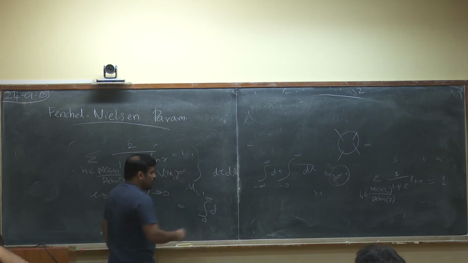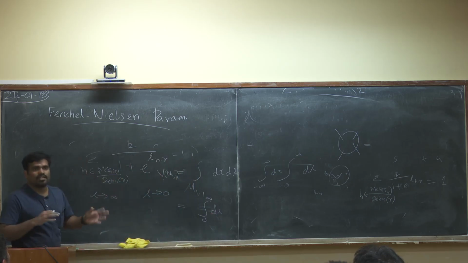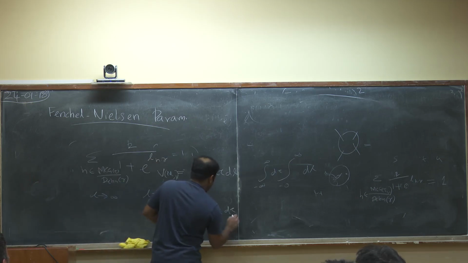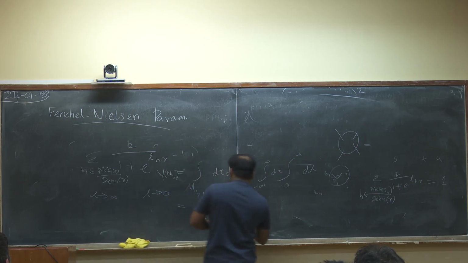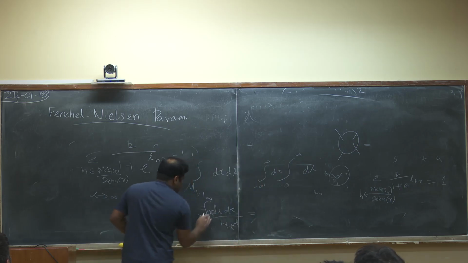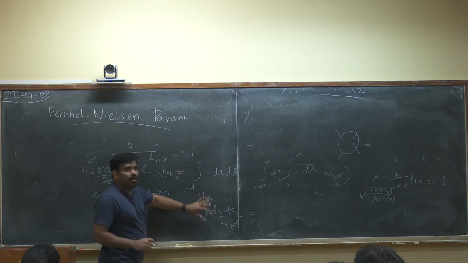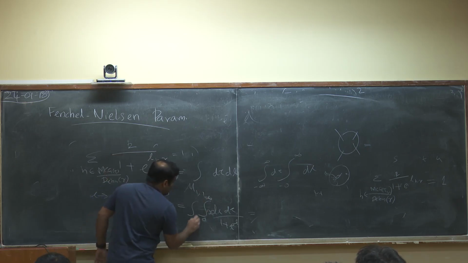If I want the whole Teichmuller space, I can use an identity for the Dehn twist also, which is actually trivial. Then I am supposed to integrate dL d tau multiplied with 1 over 1 plus e raised to L. This is a simple integral, and I integrate tau from 0 to L because I don't want the full Dehn twist, and L from 0 to infinity.